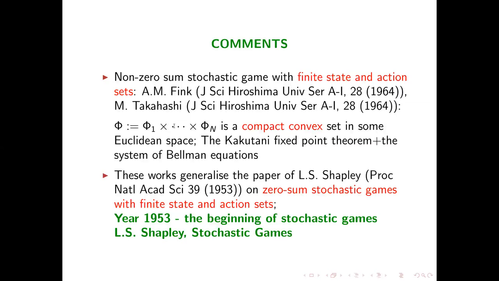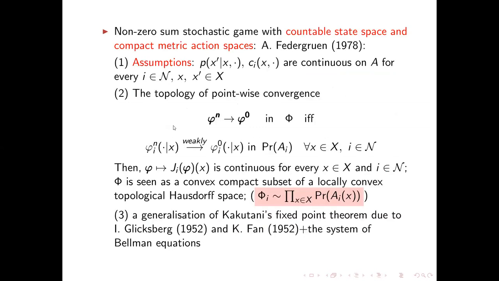Now the next paper which I want to mention is the paper published by Avi Federgruen in Advances in Applied Probability. He also proved that every stochastic game possesses a Nash equilibrium, but this was done for games with a countable state space, I mean an infinite state space, and compact metric action spaces.